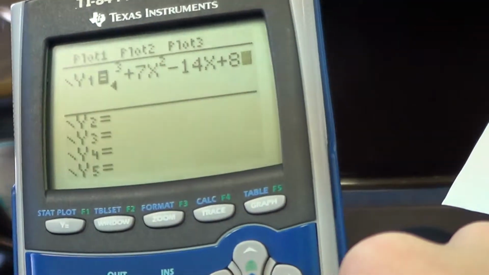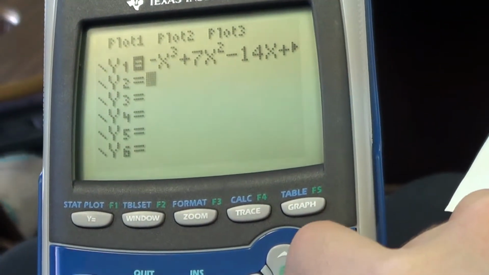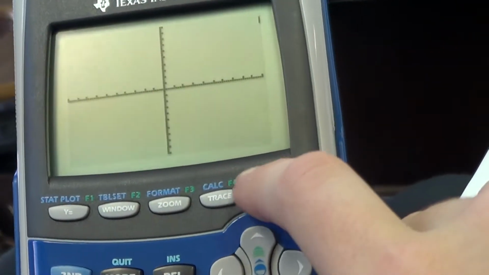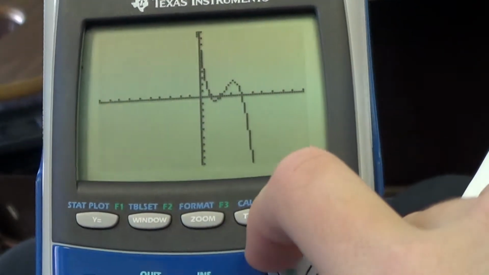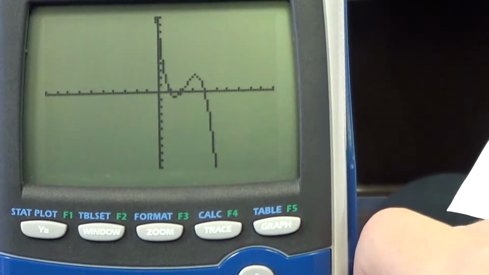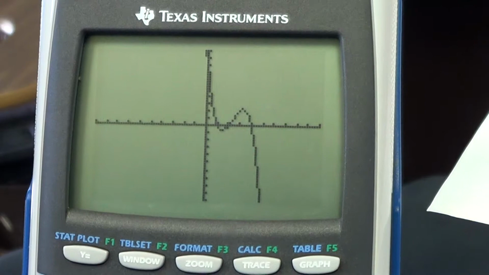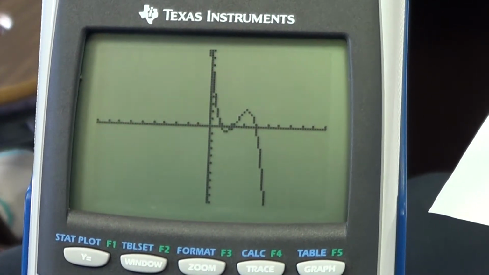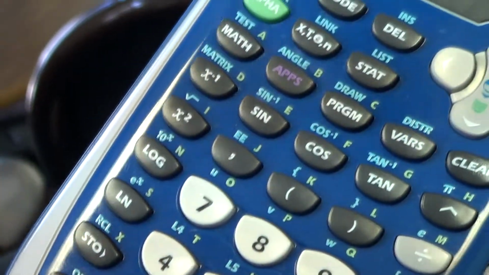Okay, wait. I have to put in this version. Just raise it to the third. That's squared. This thing. And then press 3.